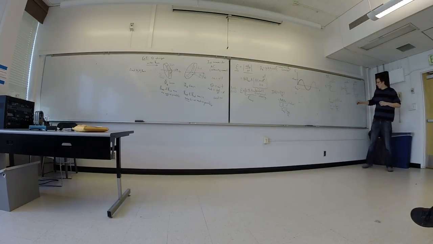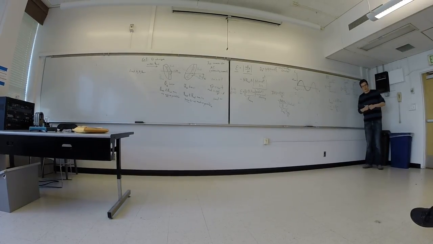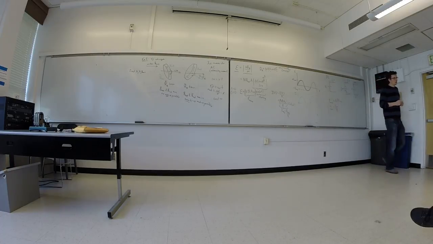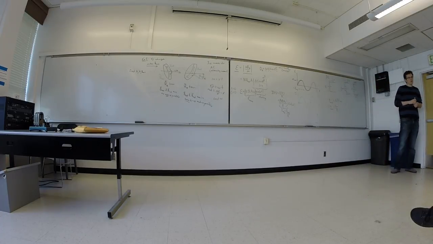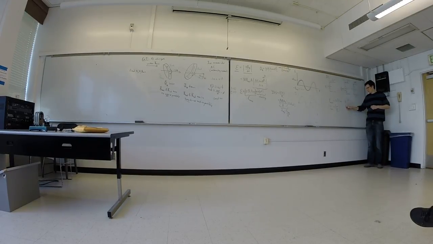So let's look at what goes into the maximum EMF we can get. Okay, the peak EMF, which will, of course, when you have peak EMF, you'll be driving peak current. So first of all, what do we want to do? We want to have as many loops as possible in as strong a magnetic field as possible. We want to have as big of an area as possible, and then we want to, of course, rotate it as fast as possible.